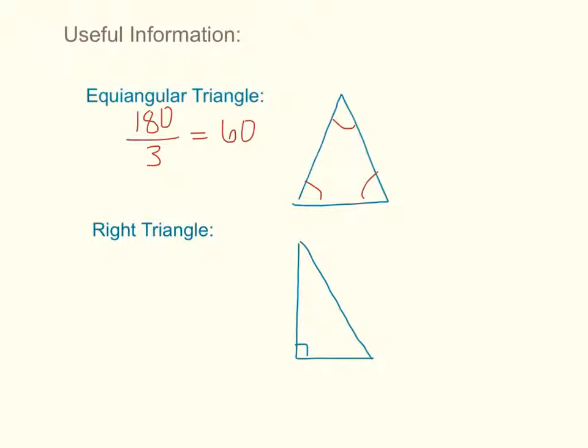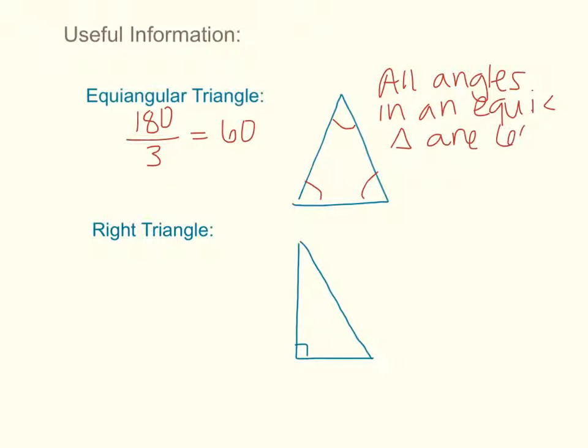So that means that all angles in an equiangular triangle are 60 degrees. So this one's 60, this one's 60, this one's 60, okay?